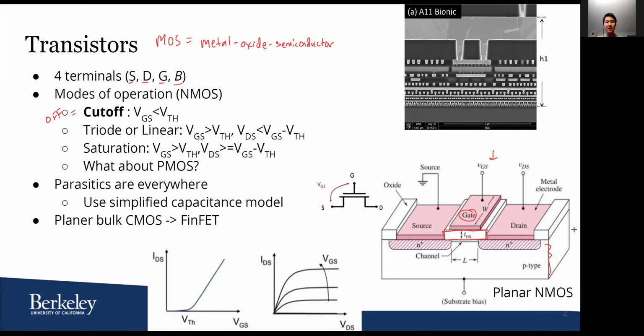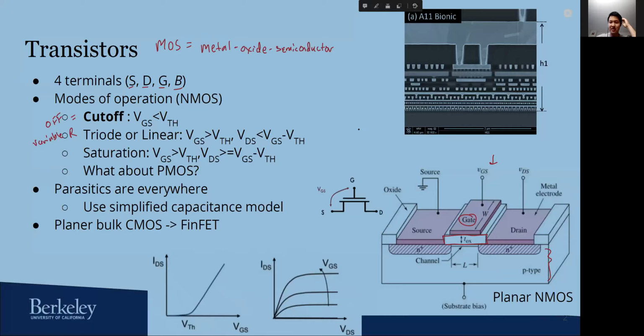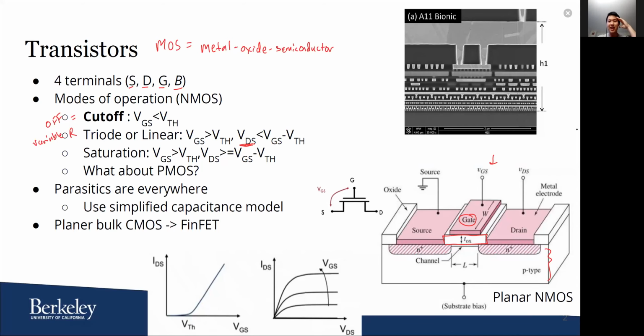Okay. And then the next region of operation is triode or linear. And this is sort of like a variable resistor. And the variable resistor is controlled by the drain to source voltage. And in this case, it has to be on, which means VGS is greater than the threshold voltage.